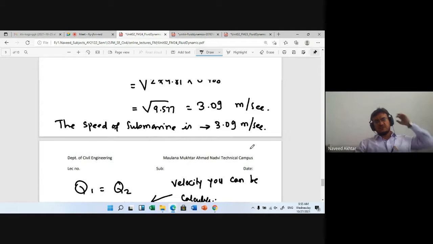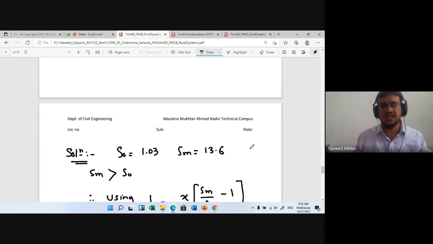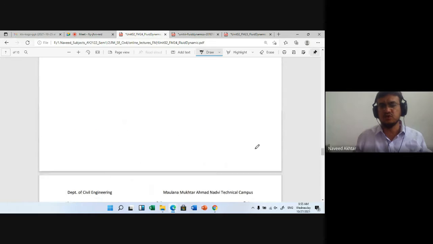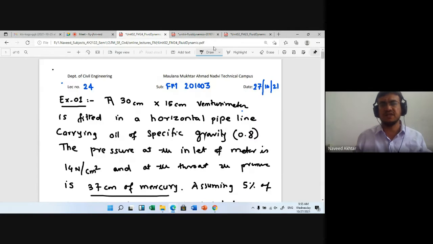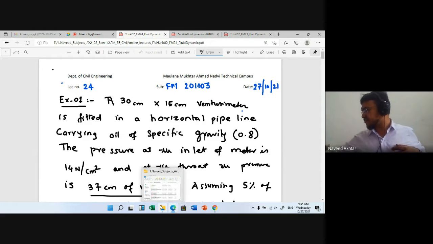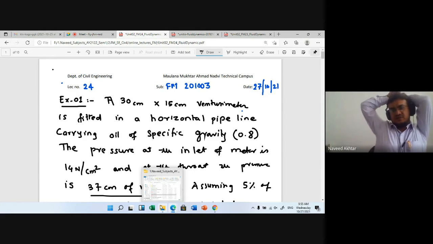By using these formulas, you can easily calculate the discharge or flow rate and the velocity. But you should remember that the hint given in the previous class is very important, because the specific gravity of the fluid flowing and the specific gravity of the manometric fluid is also very important.